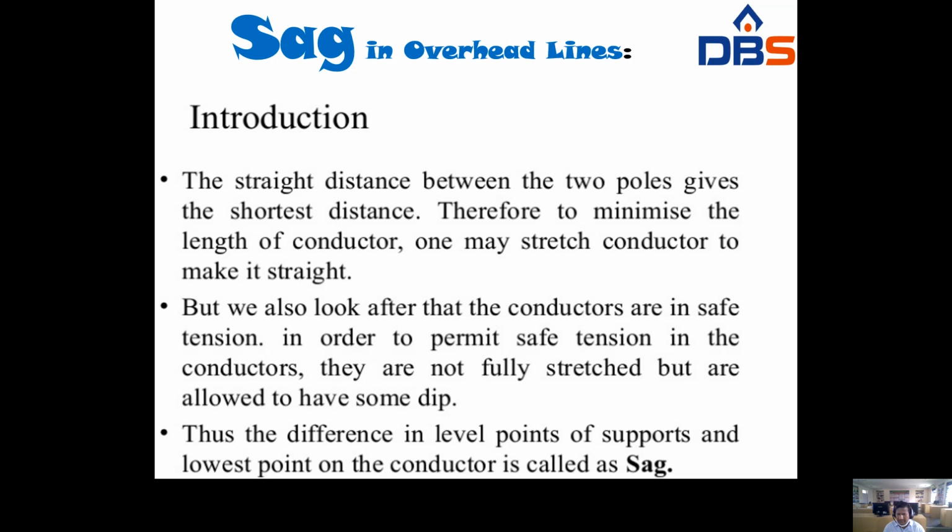But we also look after the conductors being at safe tension. That means it is not fully stretched, but it is allowed to have some dip. So in between two poles, the conductors could be stretched straight, but to permit safe tension, we have to give some dip.